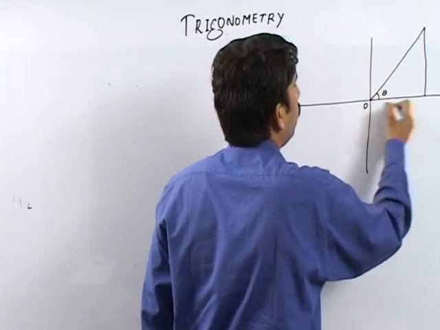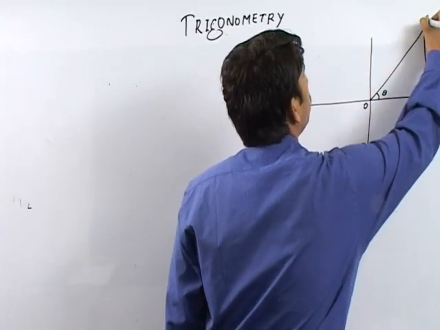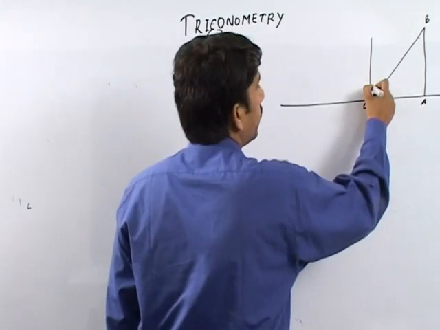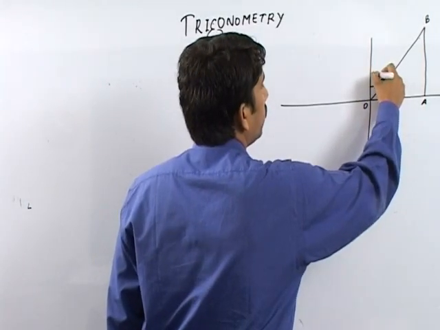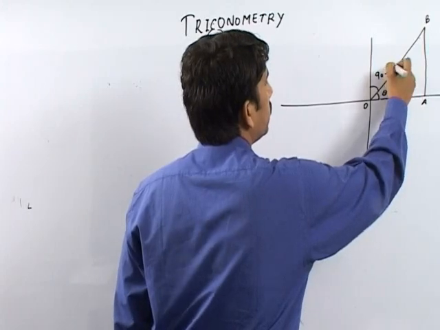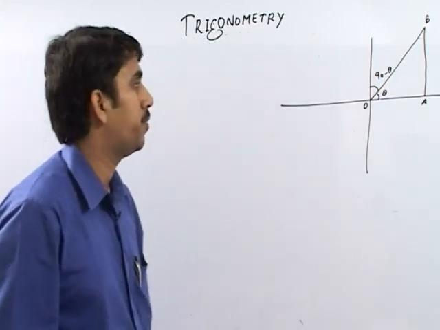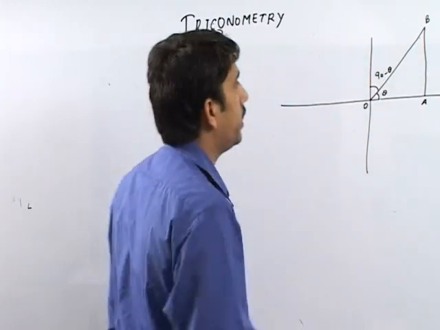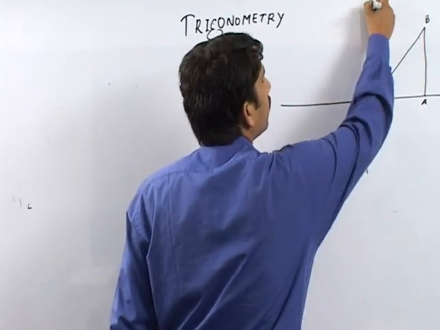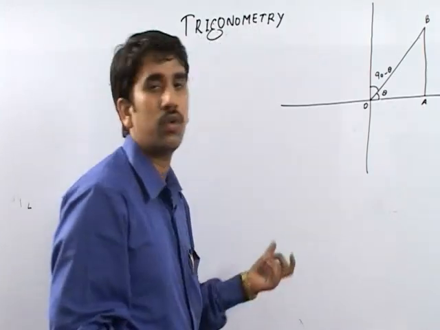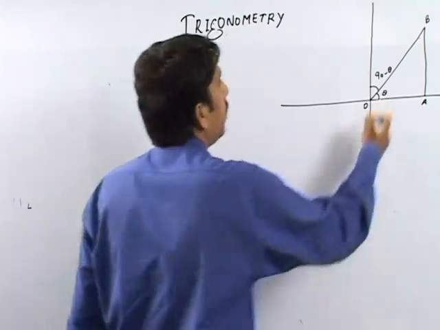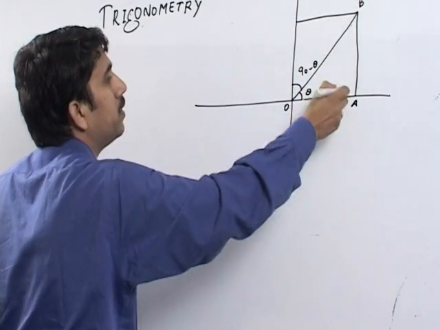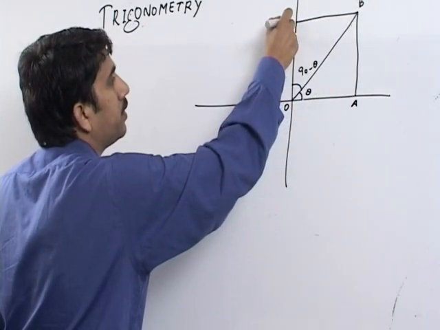If this is O, A, B, then this angle is 90 minus theta, because the x-axis and y-axis are orthogonal to each other, at 90 degrees. Now if you draw a perpendicular from B on the y-axis, let this point be C.